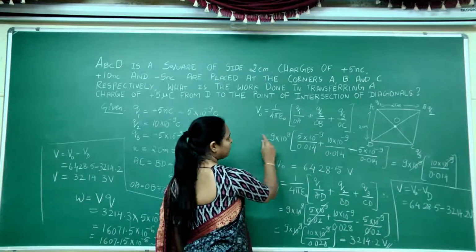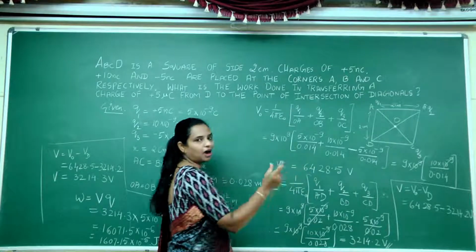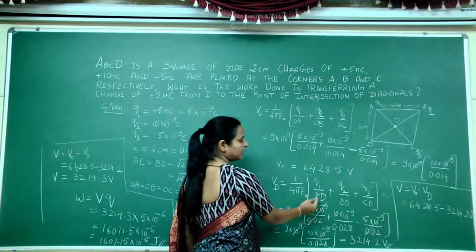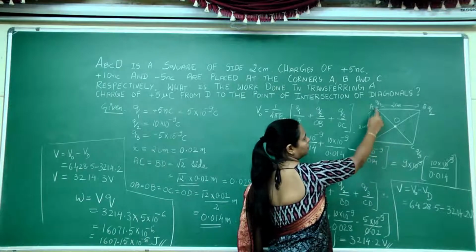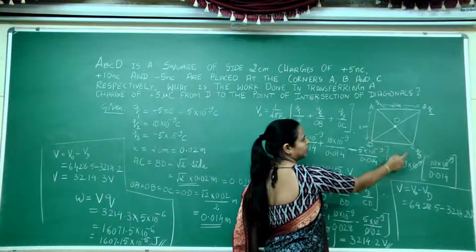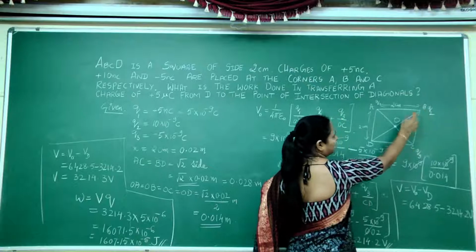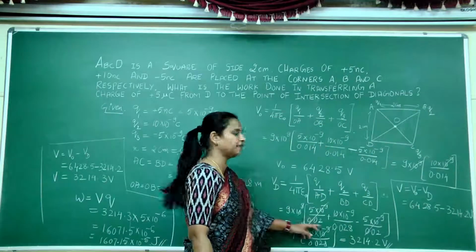VO or V0, we will find out the potential by considering the half of the diagonal, and during VD there is AD, BD and CD. That is for the two charges we will consider the sides, and the charge at B will be the distance of the diagonal. So you should not get confused with that.